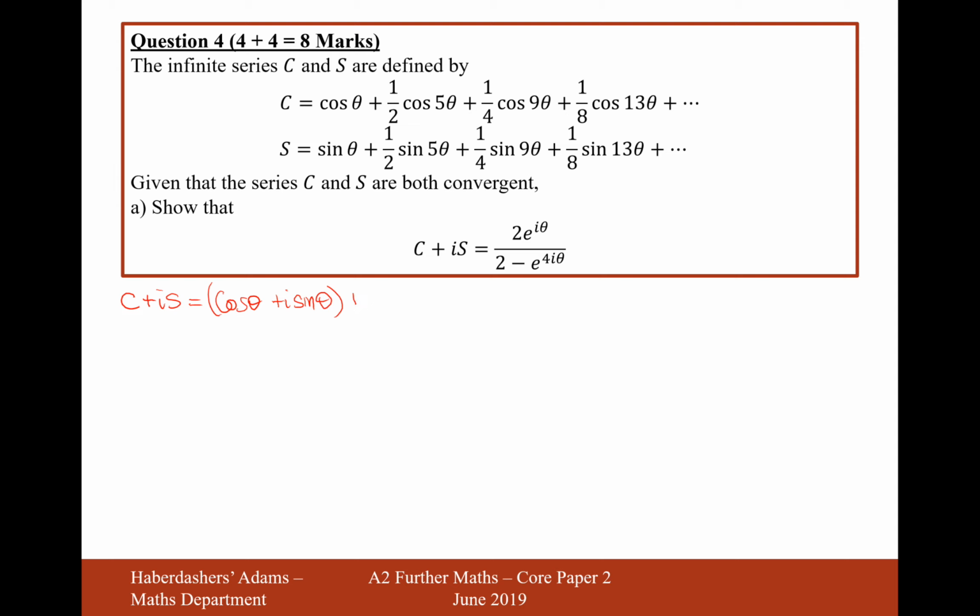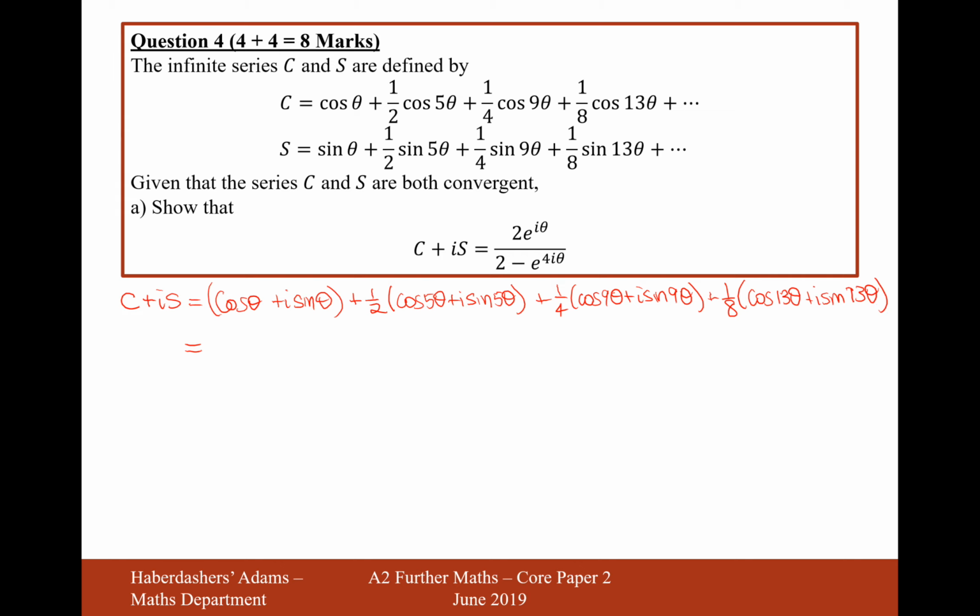The next part is going to be a half on both of the second terms here, brackets cos 5 theta plus i sine 5 theta, plus a quarter, cos 9 theta plus i sine 9 theta, and then the last one is going to be plus 1/8 of cos 13 theta plus i sine 13 theta. Okay, that's all our terms added together there.